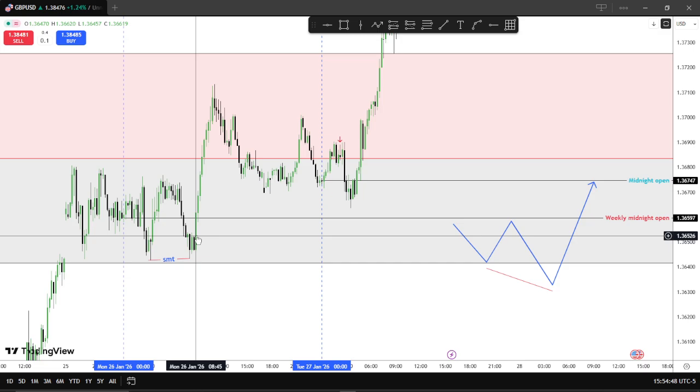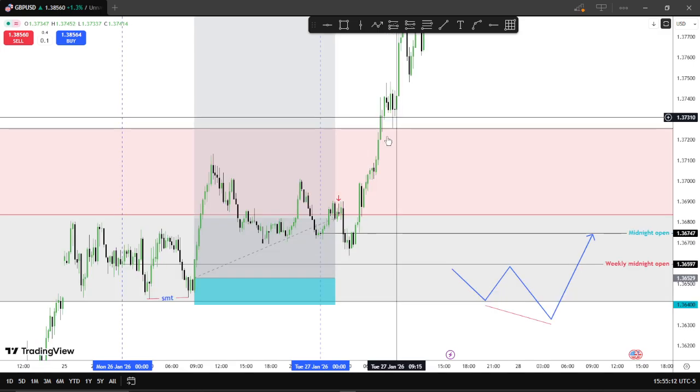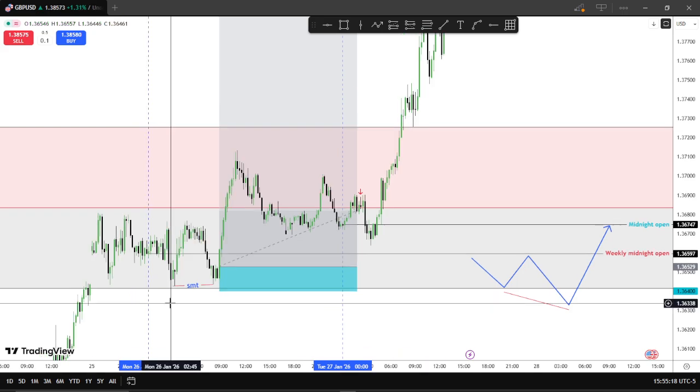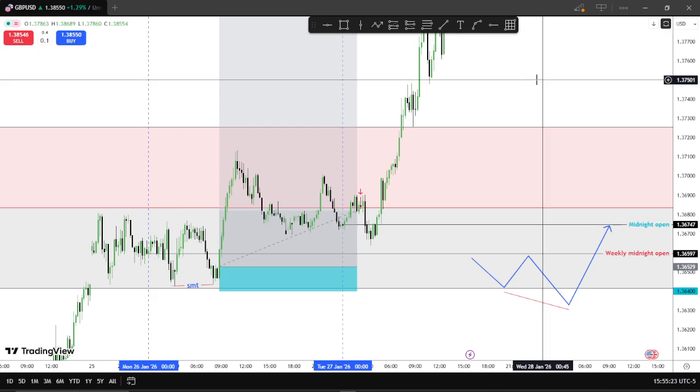Then I was trying to swing for this high here, but definitely you can see what happened. I was unable to do that because I manually closed it this morning, because I thought this retracement could lead us to taking out this low. So I closed it manually.